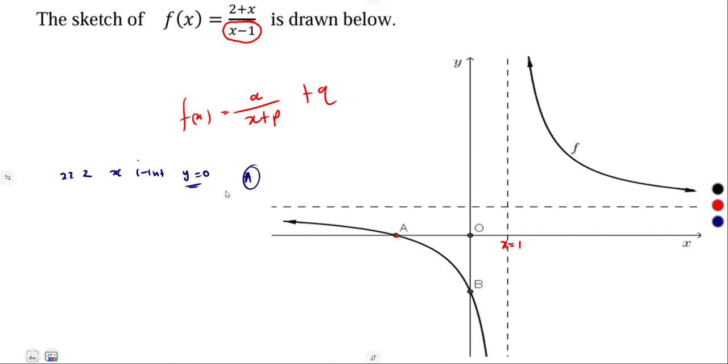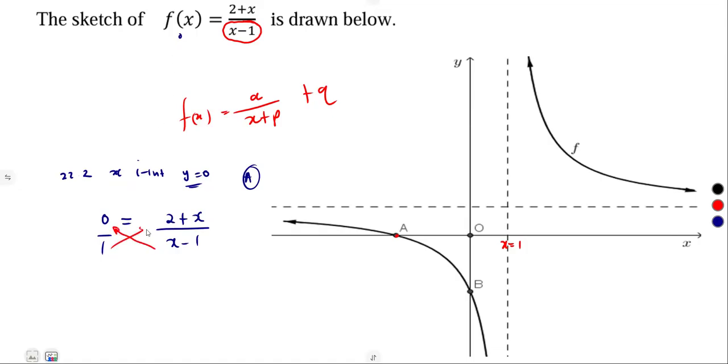So thus you can determine the coordinate of the point A by taking this equal to 0. So you're going to have 2 plus x over x minus 1. Just like before, solve for x. The x-intercept is when you are calculating the value of x when y is equal to 0.